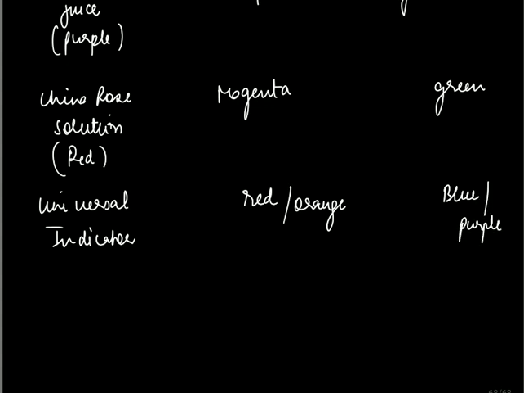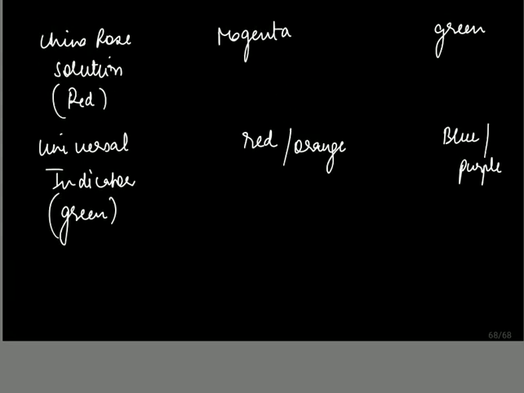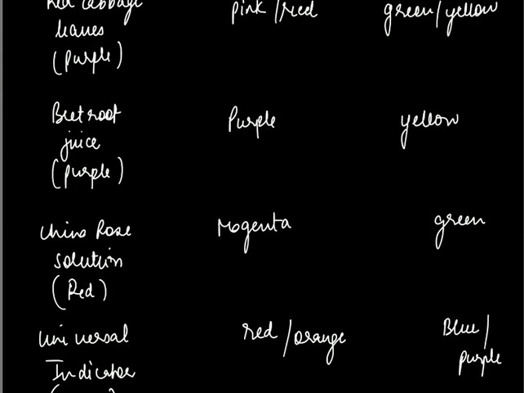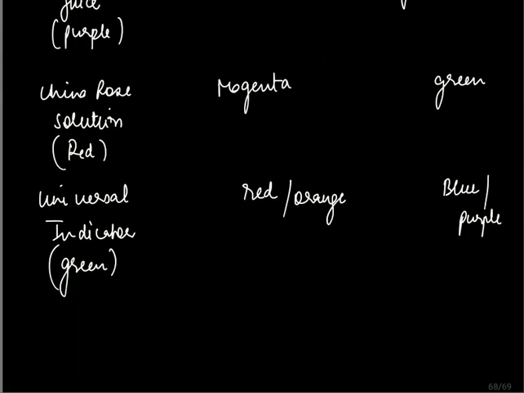If we have a weak base, then it is blue, and purple in case of strong base. The original color that we have for the indicator is green. Now, all these indicators work on the basis of certain pH. You have studied pH in lower grades also, but we'll be doing it in the next video, not in this one.